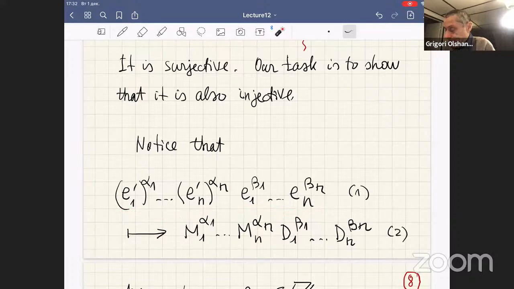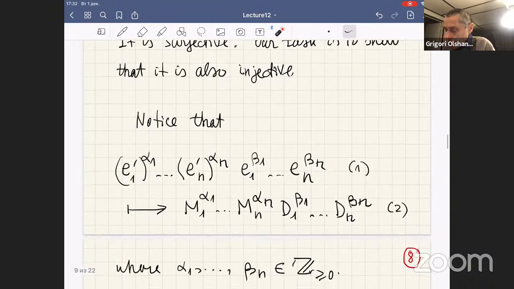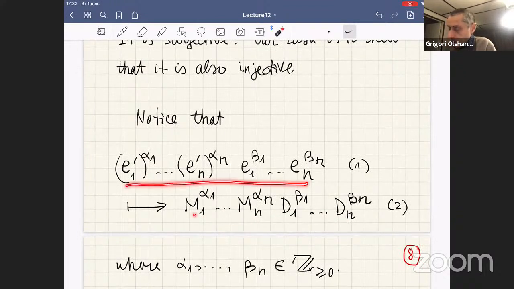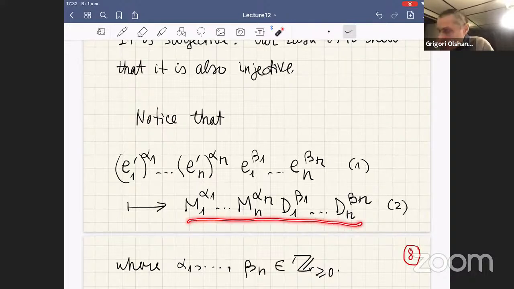And the same can be done in our concrete object, the algebra of differential operators. And by the very definition, this monomial is sent to this monomial. So to prove that both algebras are of the same size, it suffices to prove that these monomials, which we regard as differential operators, are linearly independent.